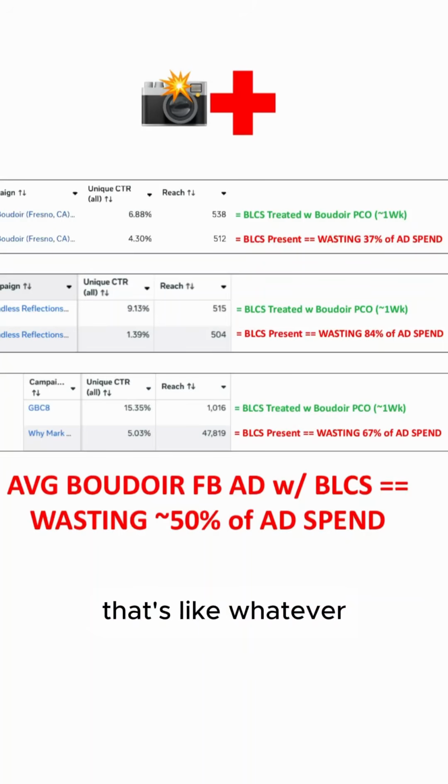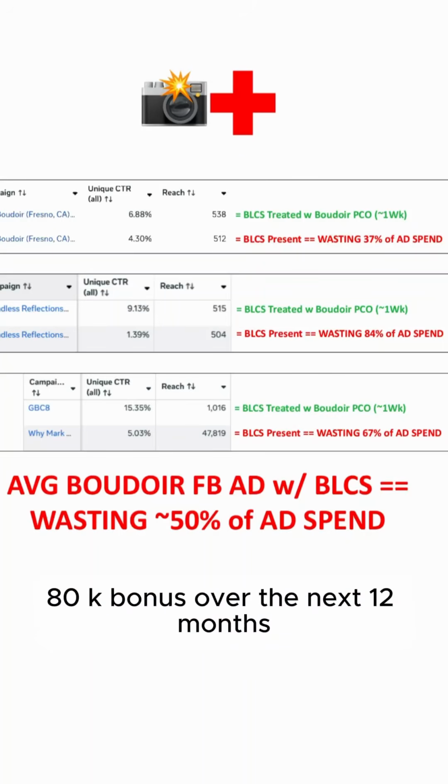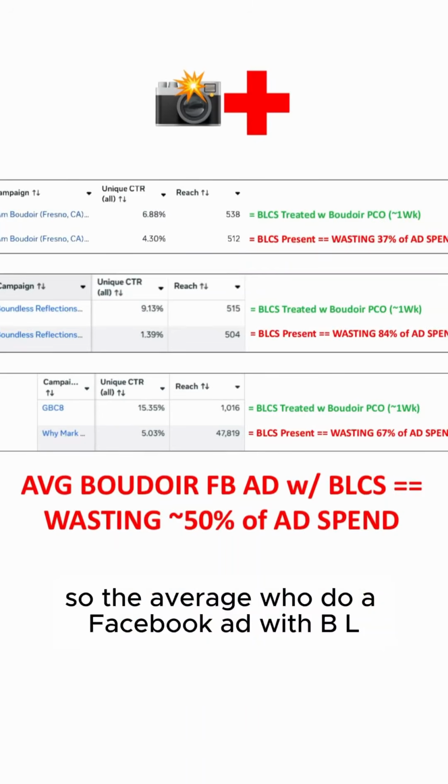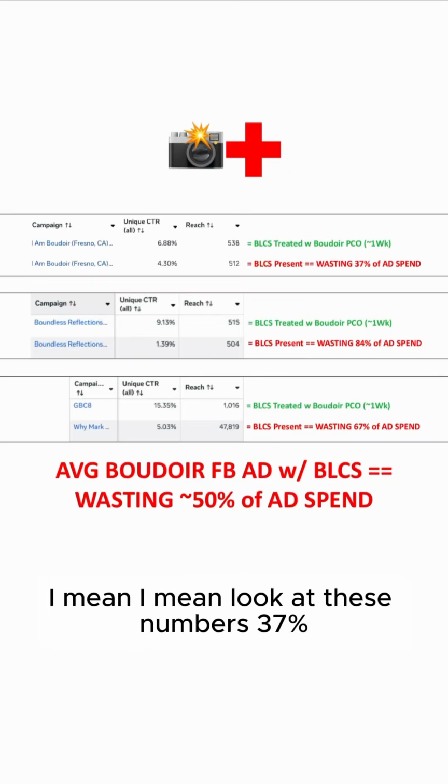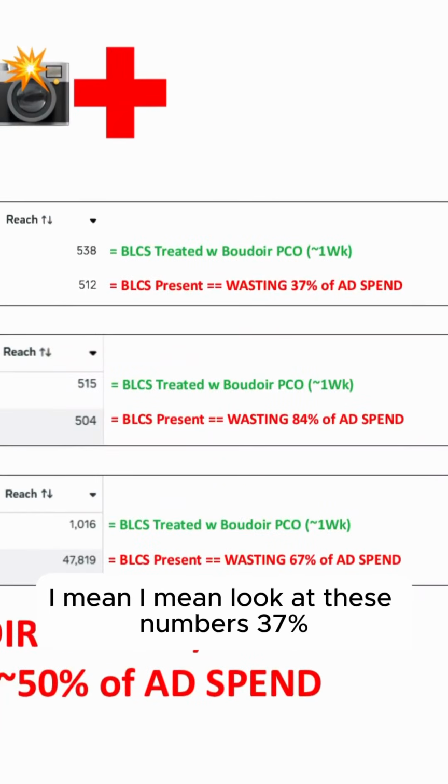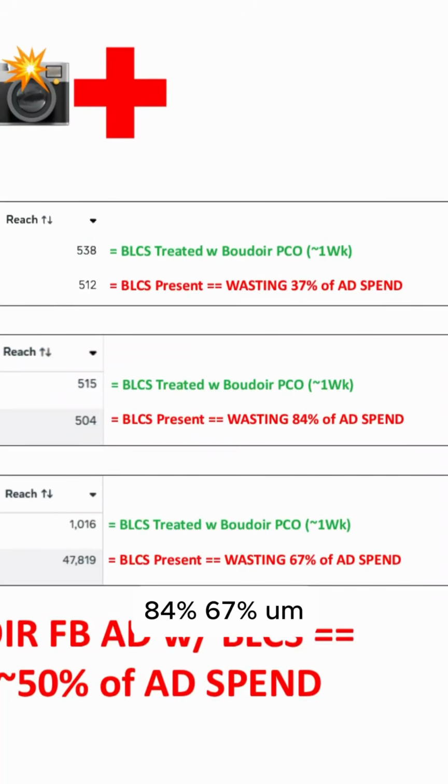So it's like an 80K bonus over the next 12 months, back in his pocket. So the average boudoir Facebook ad with BLCS is wasting approximately 50% of ad spend. Literally, I mean, look at these numbers: 37%, 84%, 67%.